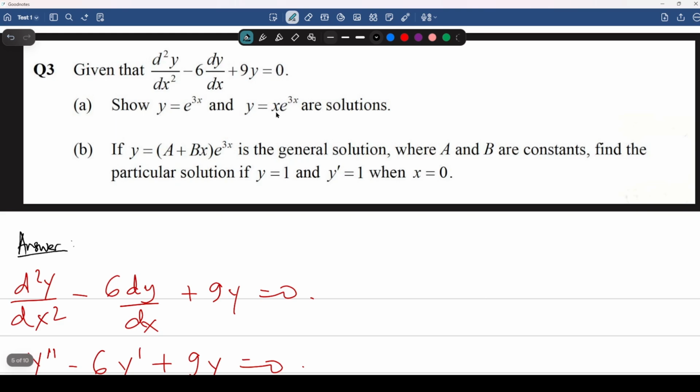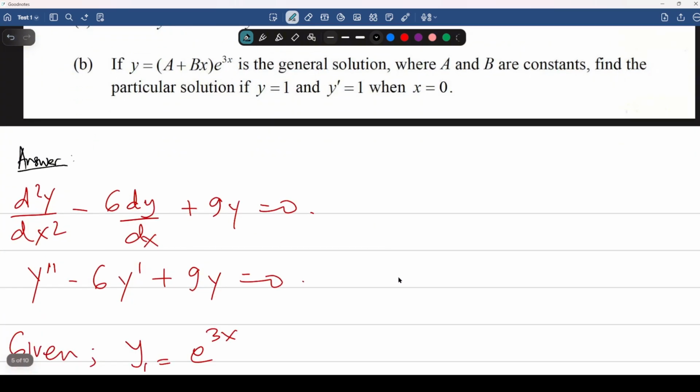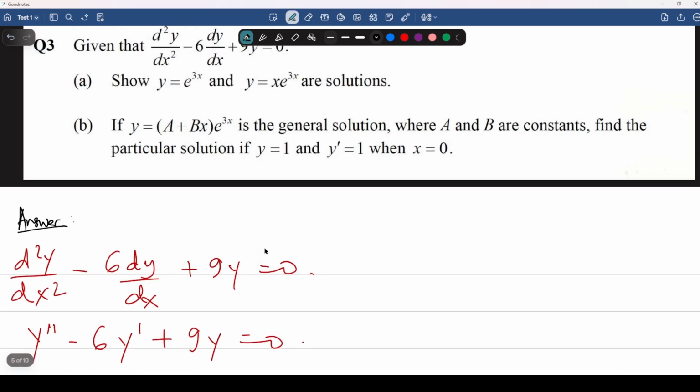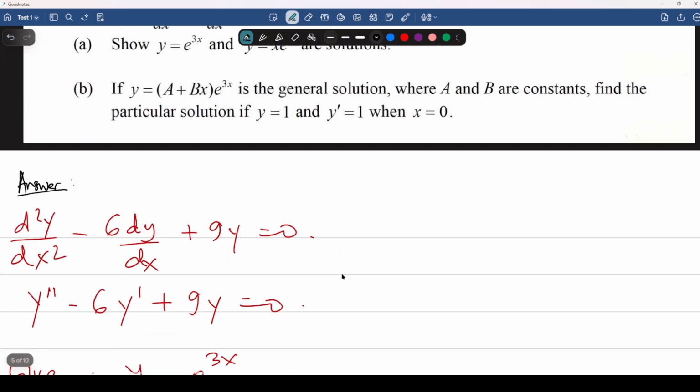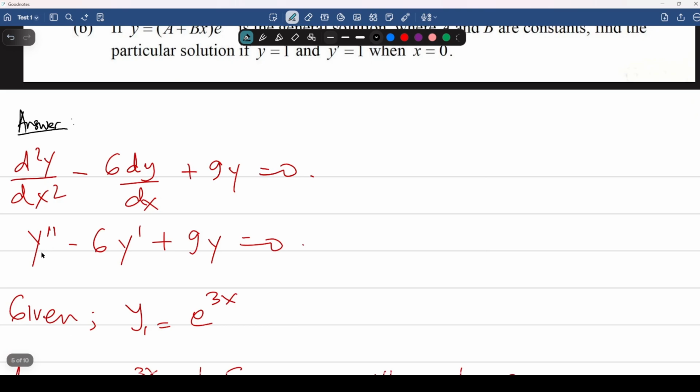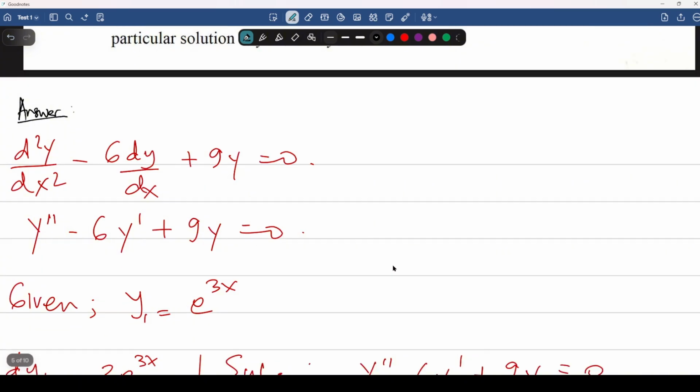Similarly, we have to do the same thing for the second function. So we start off by writing down the original equation d²y/dx² minus 6 dy/dx plus 9y, or we can simplify using prime notation: y double prime minus 6y single prime plus 9y equals 0.